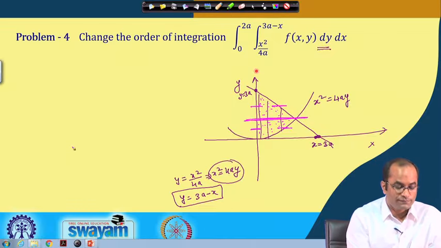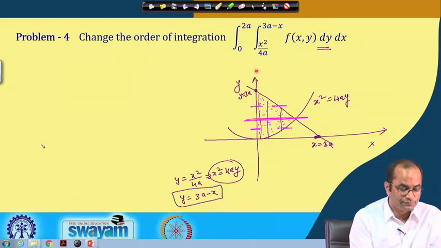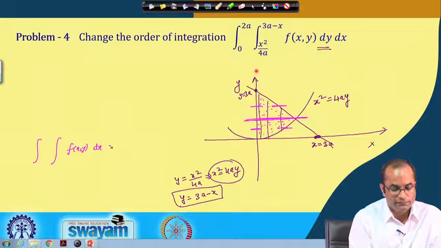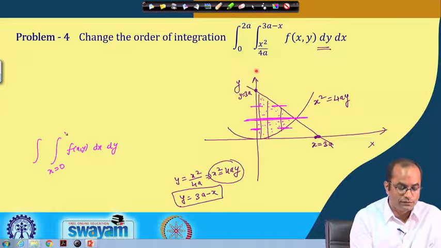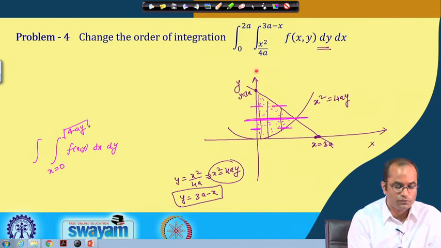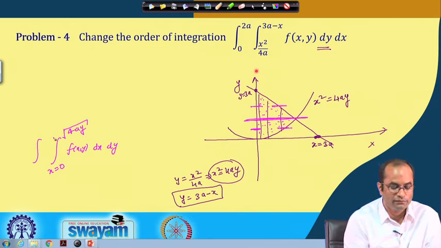So, for this first part we want to have now dx dy. So, for this x here, x goes from 0 to this parabola, which is the square root of 4a y, or 2 square root of a y.